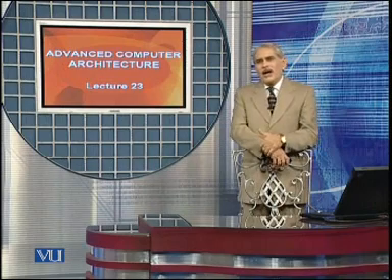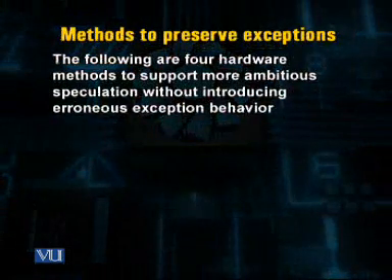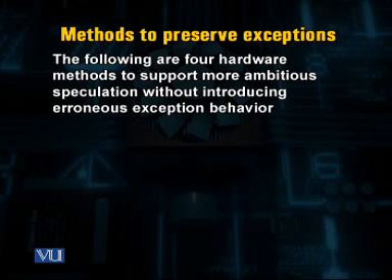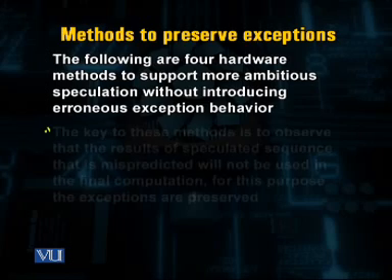For compile time speculation, we have to preserve the exceptions. For this purpose, there are 4 different methods which are usually used to support more ambitious speculation without introducing erroneous exceptional behavior.